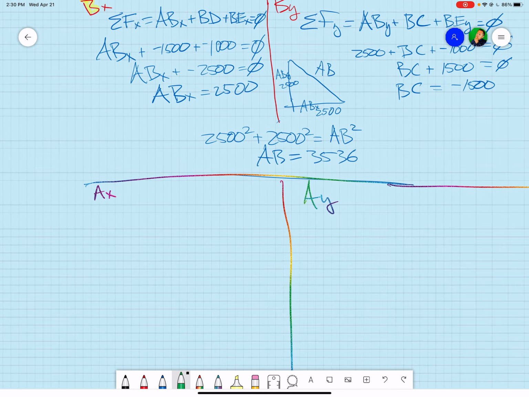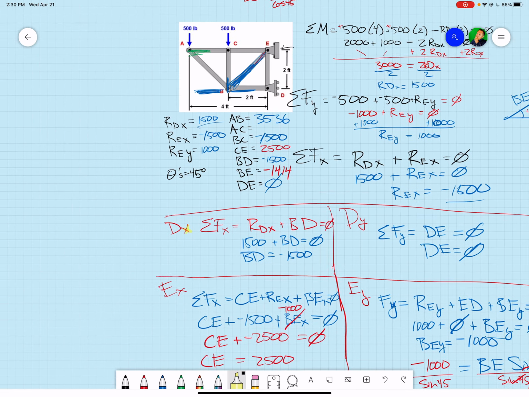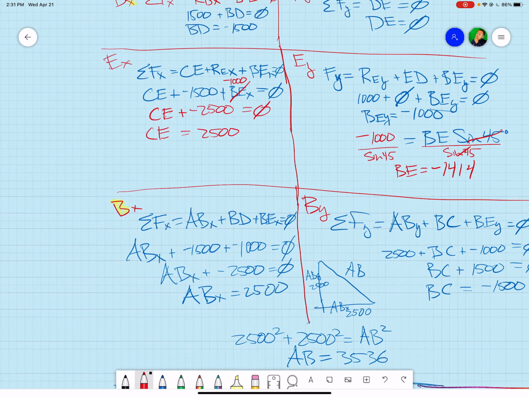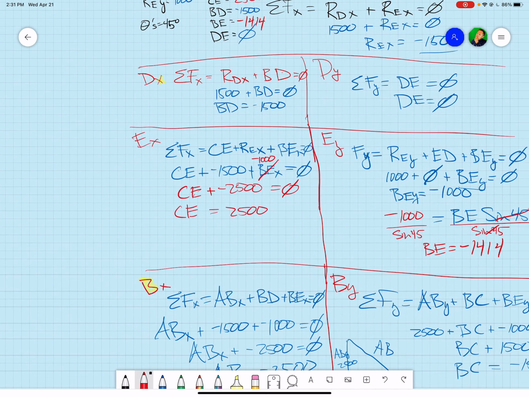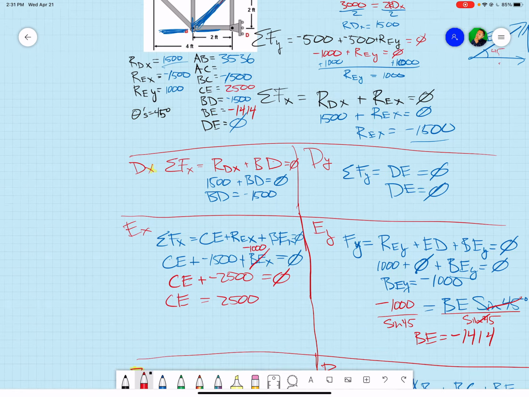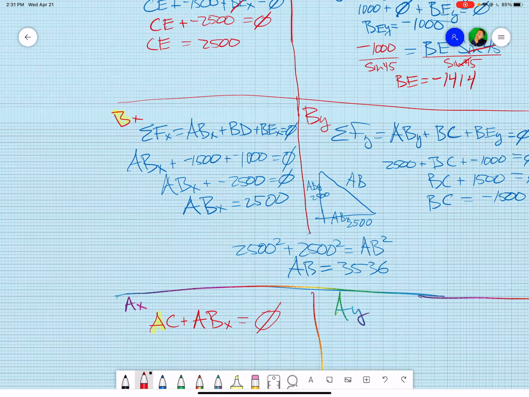So we have AC plus ABX is equal to 0. Double checking, right? AC and ABX, that's the only two we got.